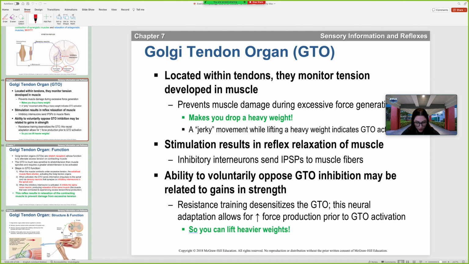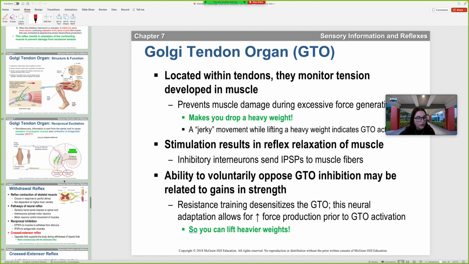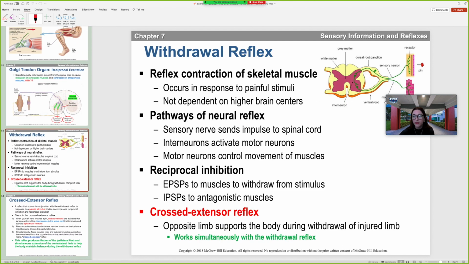I want you to know what they each do. So which one causes muscle relaxation of the main muscle, obviously. Which one causes relaxation and which one causes contraction. I want you to know that they both contain sensory neurons. Okay. All right, moving along to the withdrawal reflex.